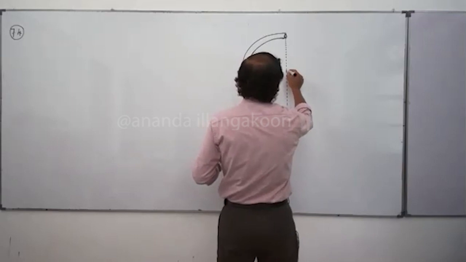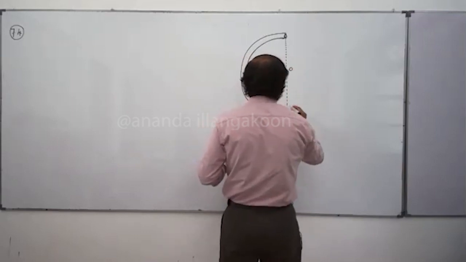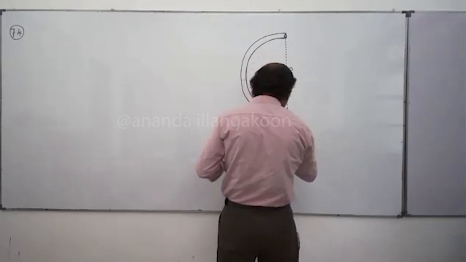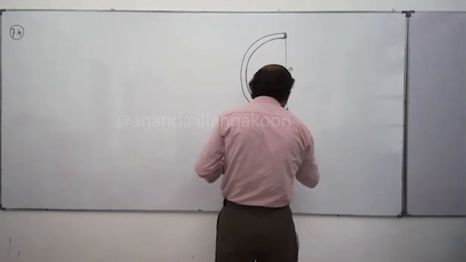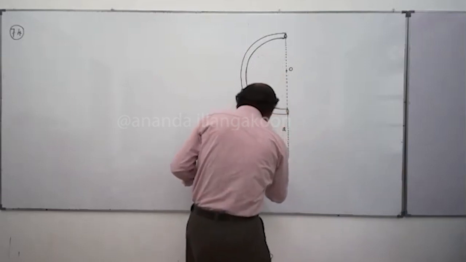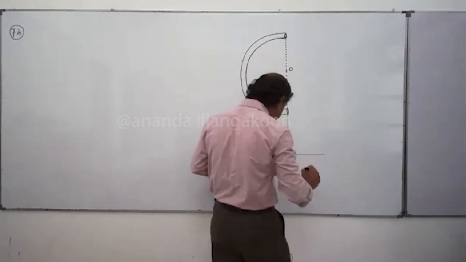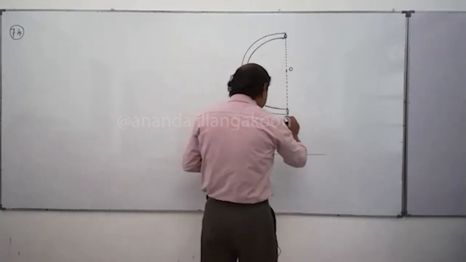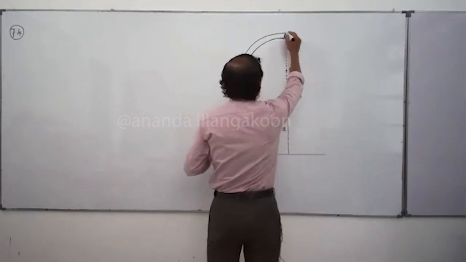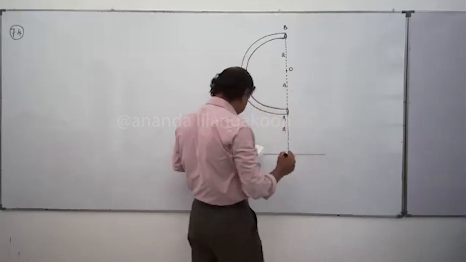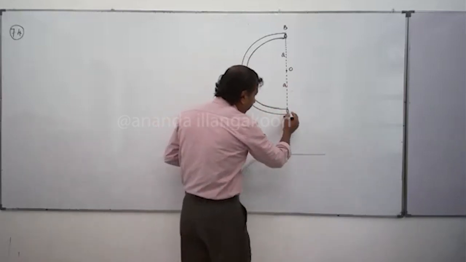Midpoint is O. This point is A. This is B. This is A. This is also A. Now particle P is projected from here.